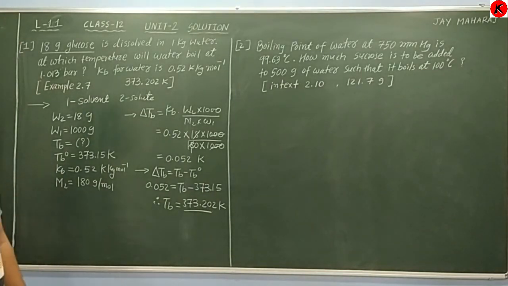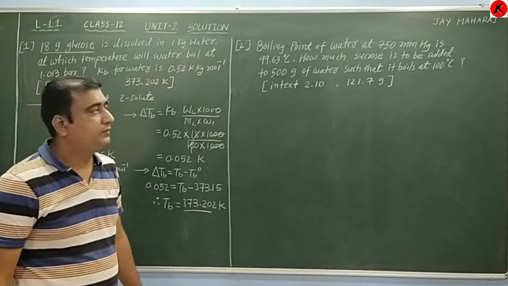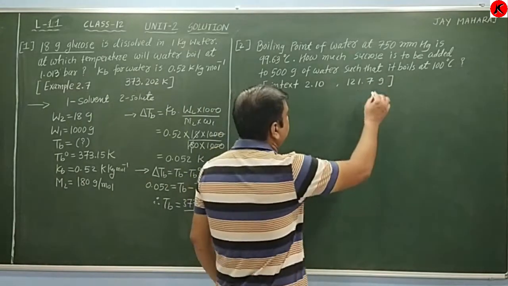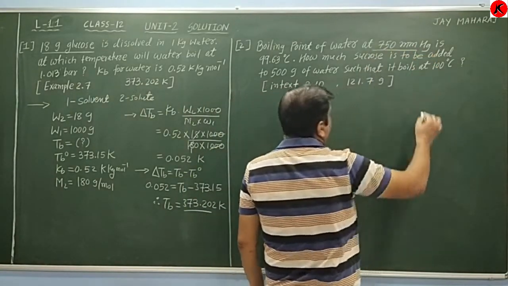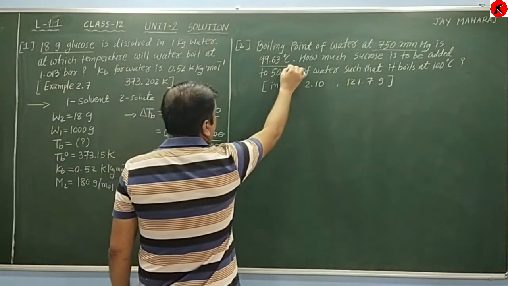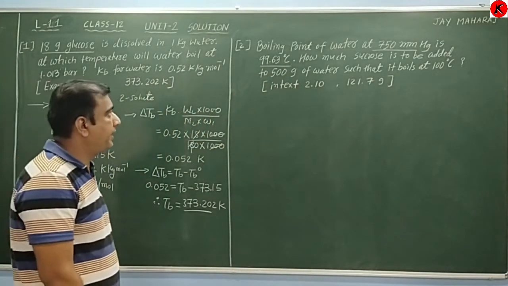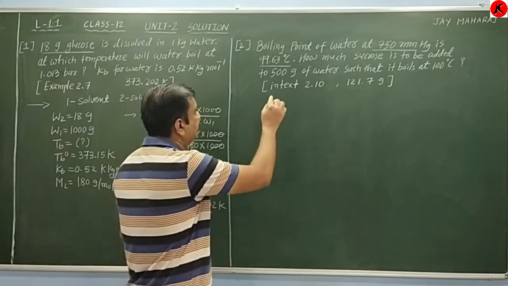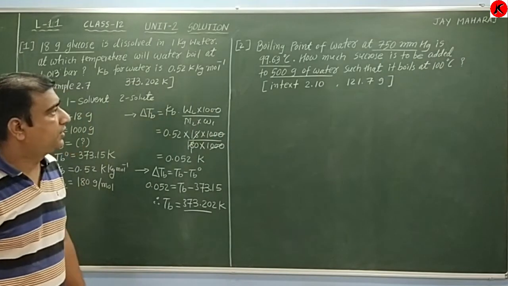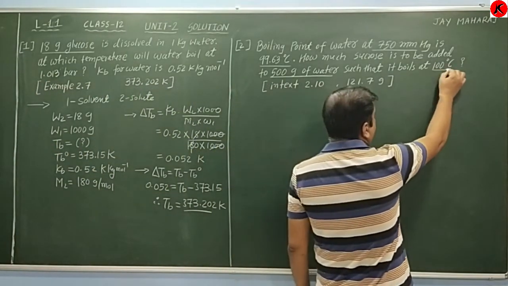Now second example. Boiling point of water at 750 mm Hg pressure is given as 99.63 degrees Celsius. How much sucrose is to be added to 500 gram of water such that it boils at 100 degrees Celsius?